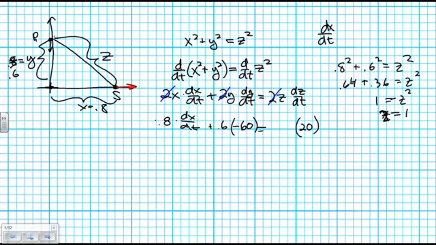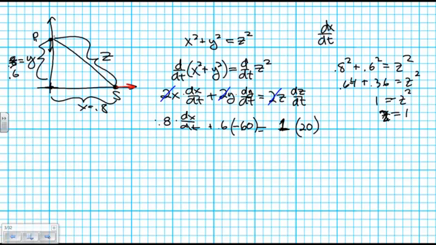Is that surprising? I hope it isn't. What's the most famous triangle pairing in many, many college entrance exams? 3, 4, 5. This is just a 3, 4, 5 triangle with a little bit of scale change.